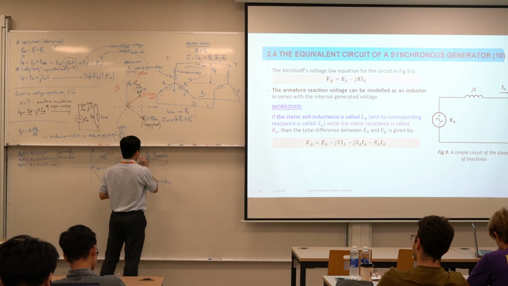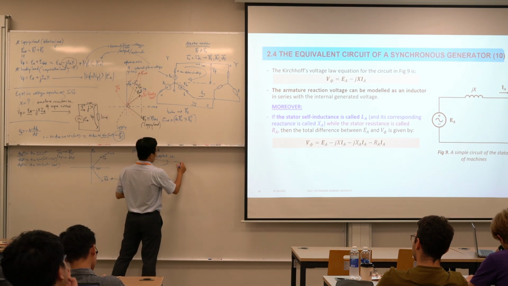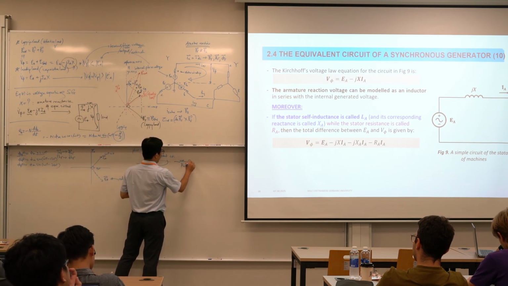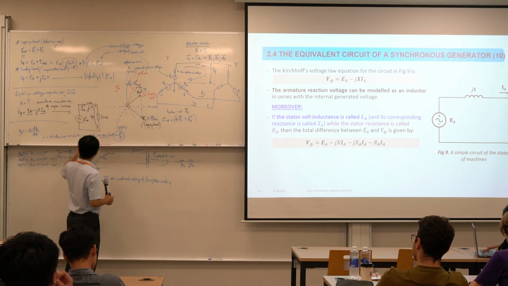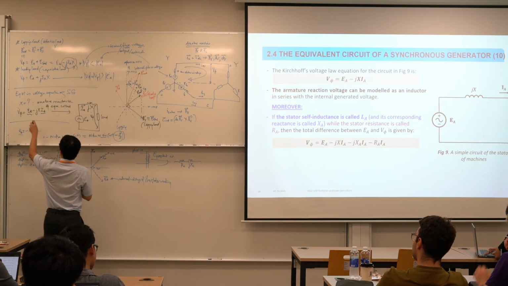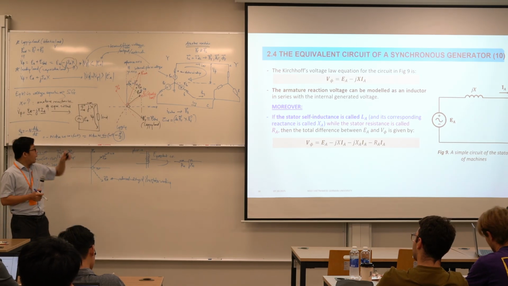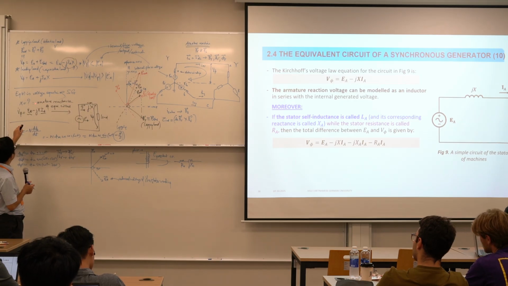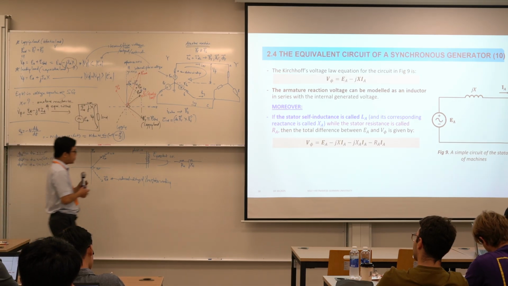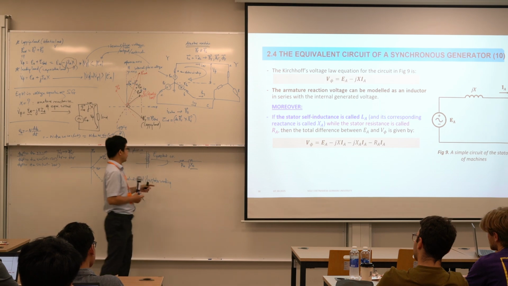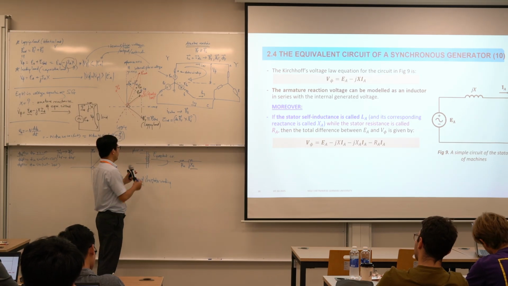So the equivalent circuit of phase A has R and jX, and X and X_A are very different. X here is relevant to armature reactance. So X_A here belongs to the equivalent circuit of phase A winding.